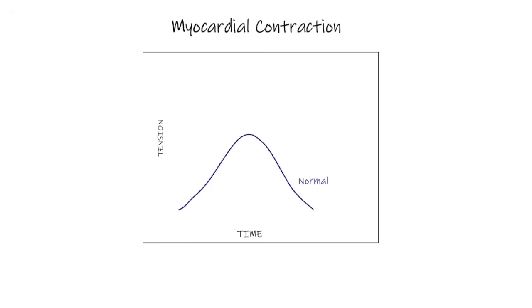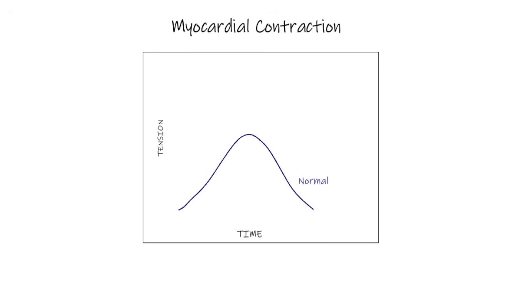So the combined effects of that can be shown on this particular graph. This shows time on the x-axis and tension on the y-axis. And what we have in blue, this represents, let's say, our standard myocardial contraction, creating a certain amount of tension over this period of time.